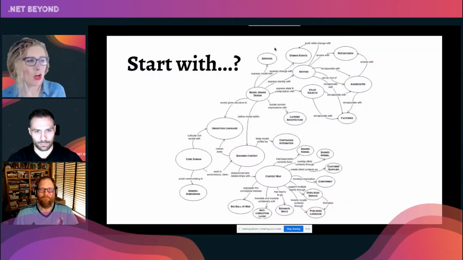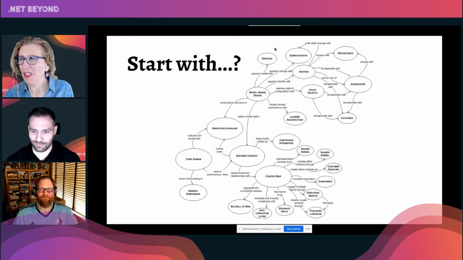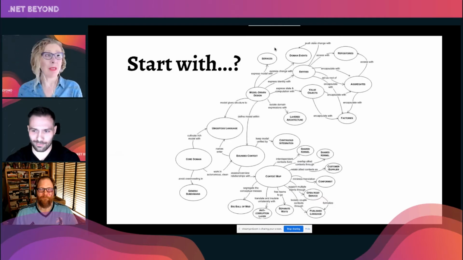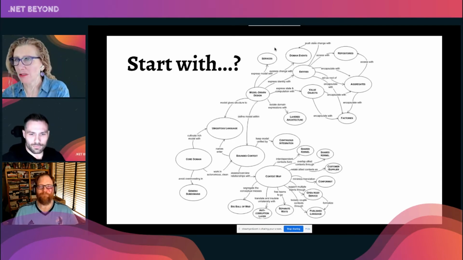Yeah. So, this is the domain-driven design mind map, right? And that's pretty overwhelming, right? You have to understand not only all of these things, but how they relate to one another.